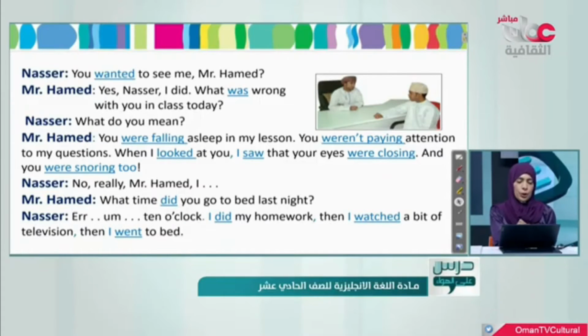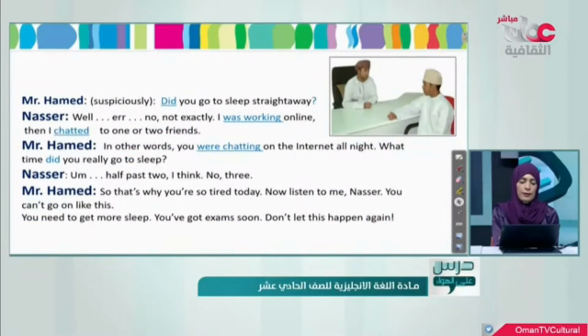Wanted, was, were feeling, looked, I saw, were not paying attention, were closing, were snoring. As you can see here, we have certain tenses which are past simple and past continuous.